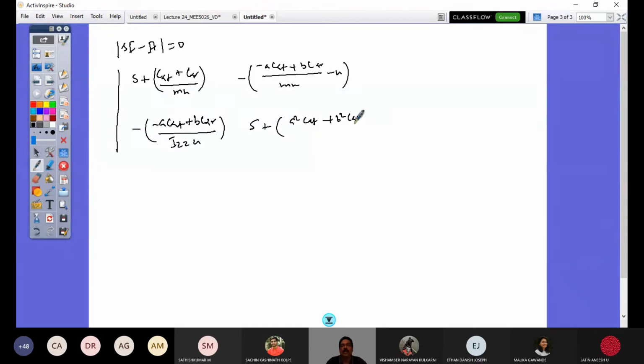This determinant I should get, and if I equate it to 0, then that is called the characteristic equation.